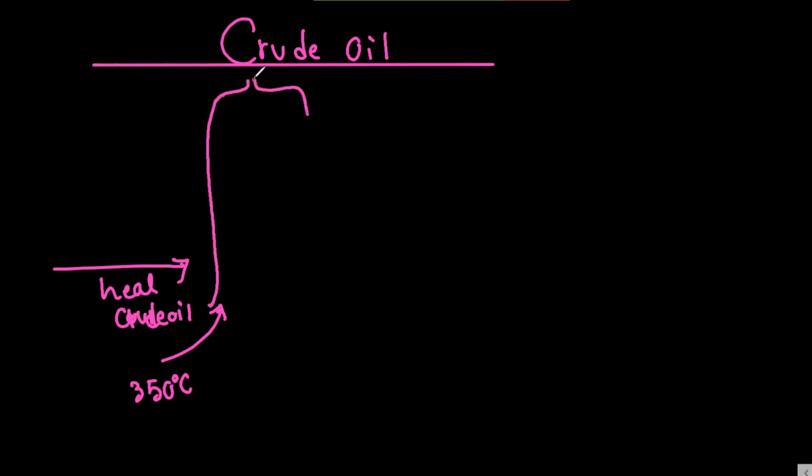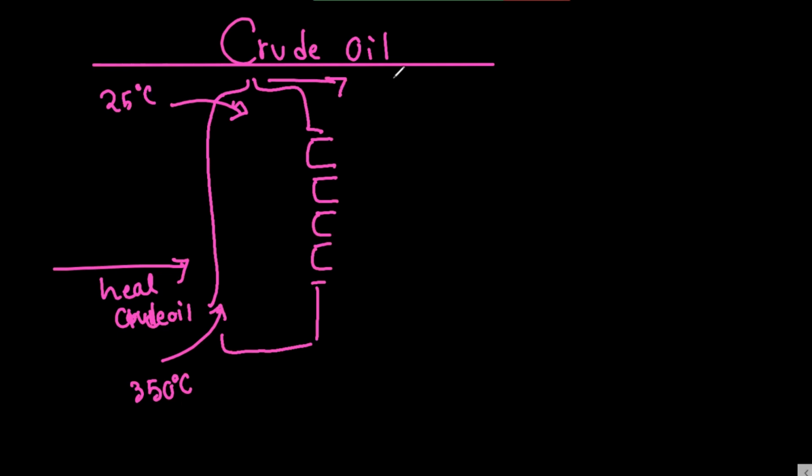And then we put it in a fractionating column, where we have different fractions available to collect. At the very top, the temperature is around 25 to 30 degrees Celsius. Here, we collect the lightest gases of hydrocarbon, and that's basically refinery gas.